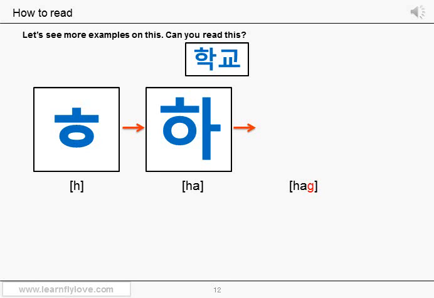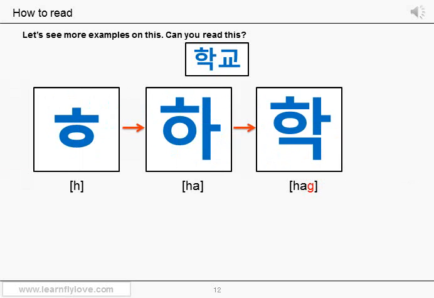So it sounds Ha. And we added the G sound, which sounds like G in English, in the final. So how does this letter sound? H, Ha, Hak, like H-A-G, Hak in romanization.